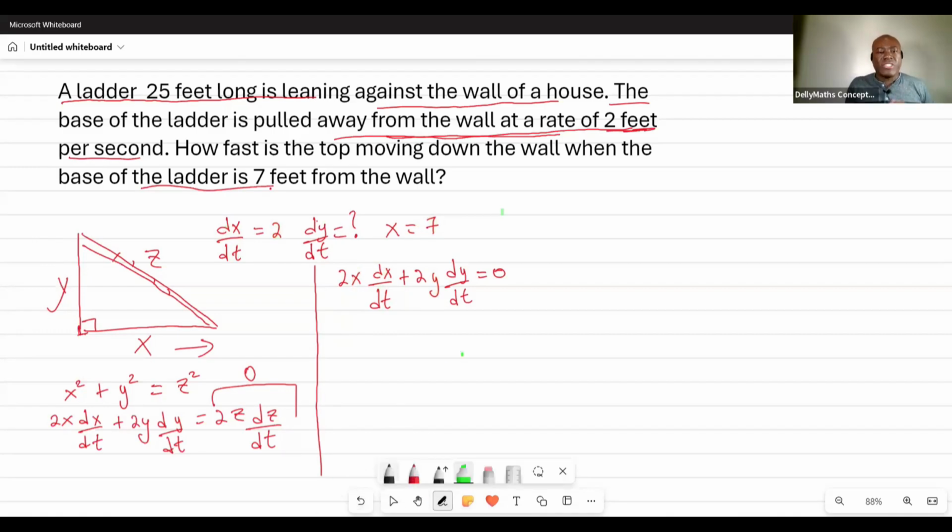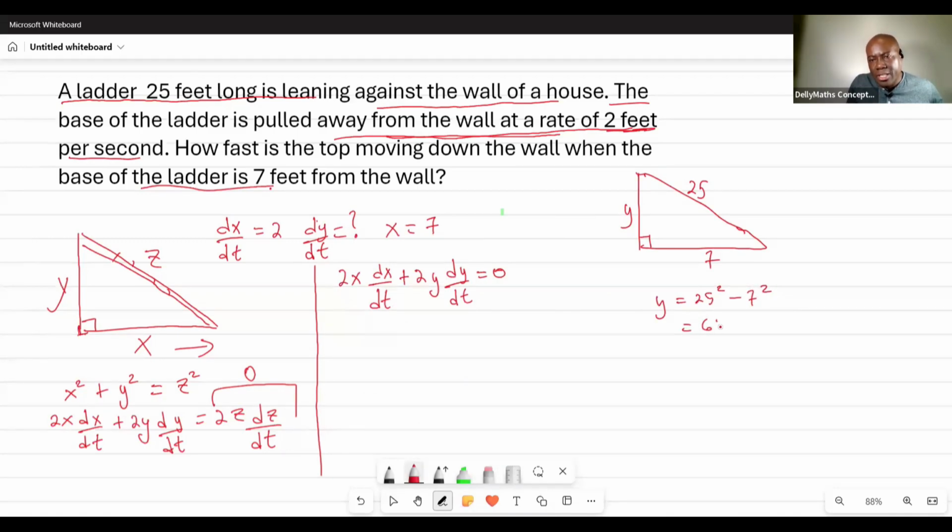So I'm going to take the time out to find y when x is 7 first. Let us go back to our triangle. So here is our right triangle. At this time, we want to assess the value of y. Remember, y is along here, x is along here. When x is 7, we want to know what our y value is, because this is a right triangle, but the ladder will still be 25 feet long. So we can say y is equal to the square root of 25 squared minus 7 squared.